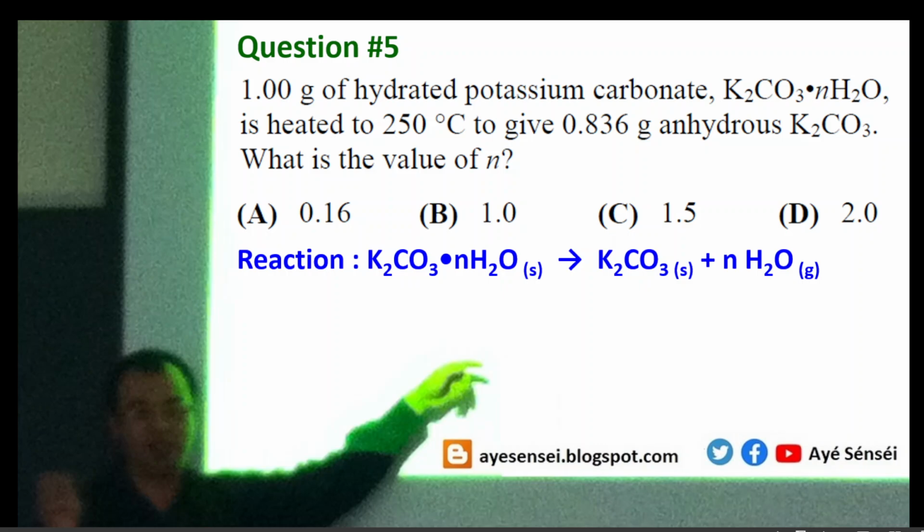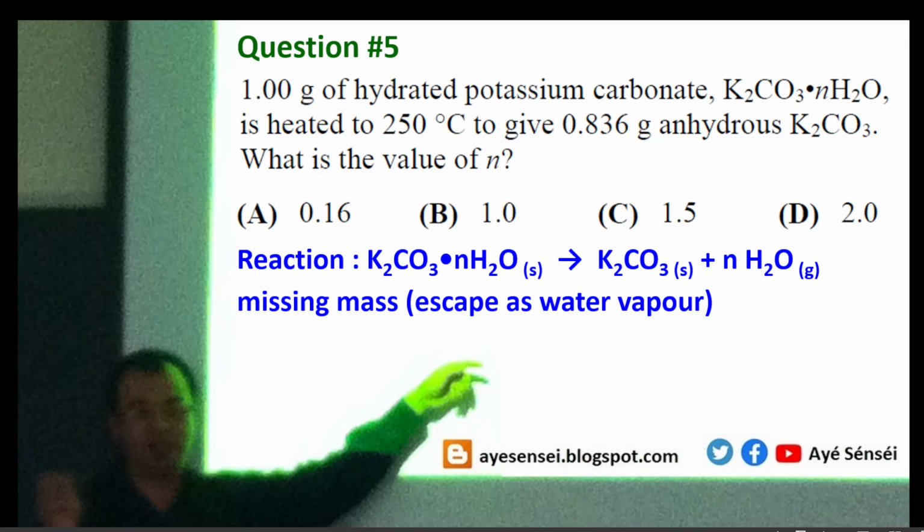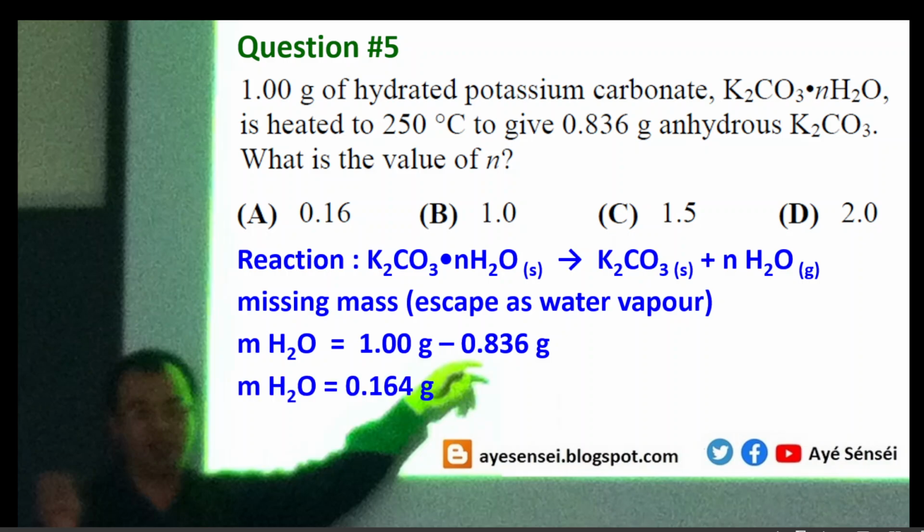Next is to calculate the mass of water vapor produced. This can be obtained by subtracting the two masses before and after the experiment. This means 1 minus 0.836, and the result is 0.164 grams. This is the mass of water vapor.